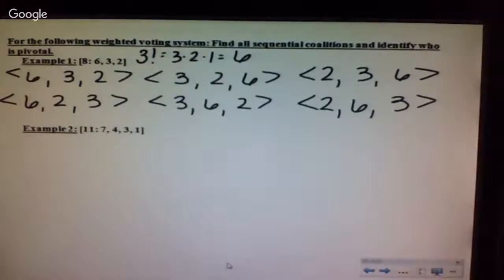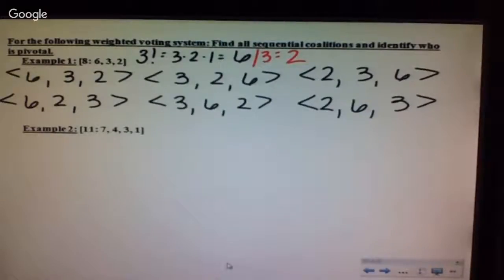Do you notice that you have 2 that start with each number? Yep. That's because 6, your total number, divided by how many players you have, tells you how many should start with each number.